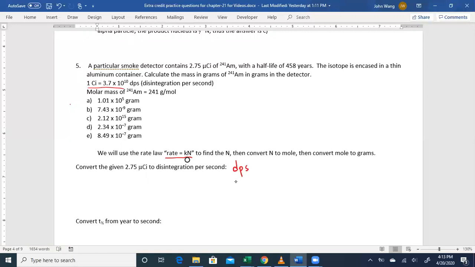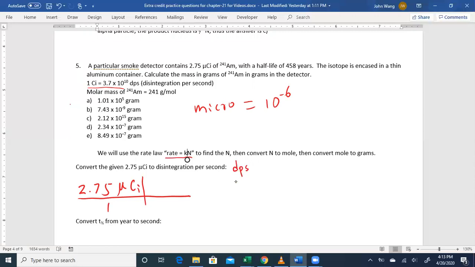One equation we use is for the curie, CI. The other equation you want to use is the prefix micro, so micro equals 10 to the negative 6. Therefore, we start with 2.75 microcuries and use our typical conversion fractions.